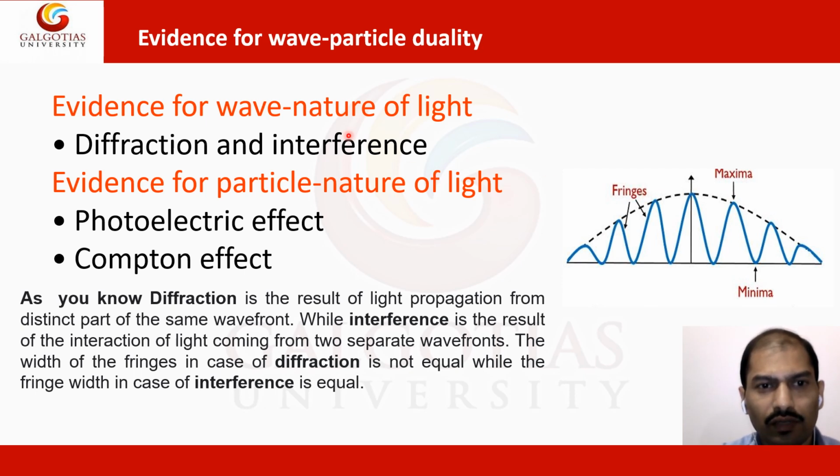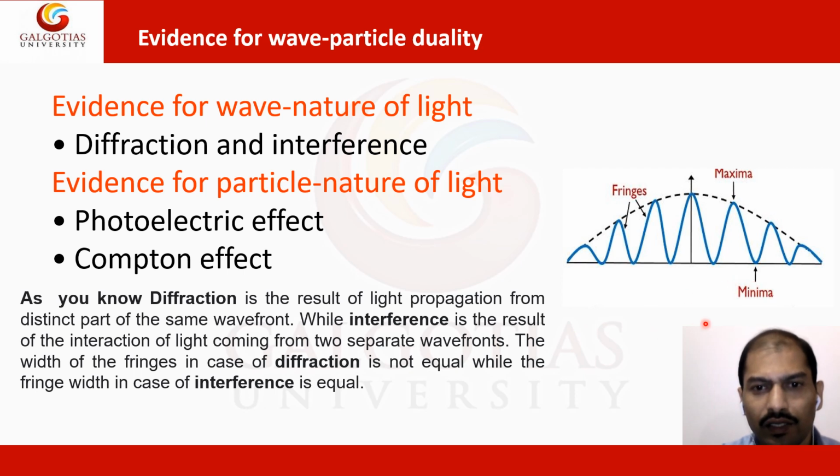If you see the wave-like nature, there are fringes and maxima. Diffraction is the result of light propagation from different parts of the same wavefront, while interference is the result of the interaction of light coming from two separate wavefronts.